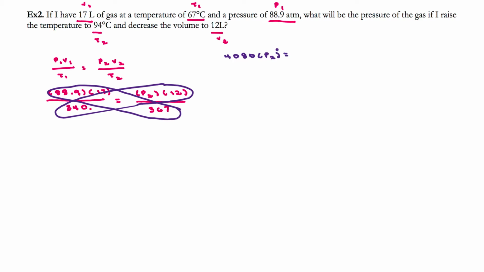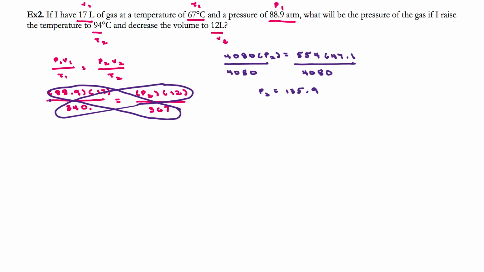That equals 88.9 times 17 times 367, which is a very large number, 554,647.1. I'm going to divide both sides by 4,080. And the P2 that I get is 135.9.